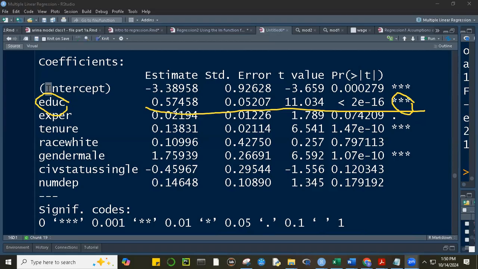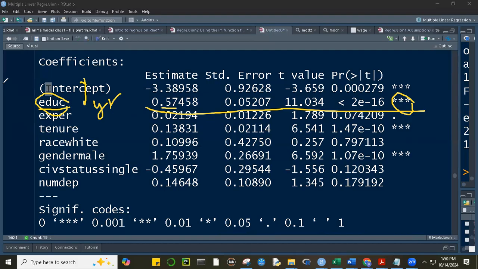What's the meaning of 0.57? Okay, 0.57 is the marginal effect of education on your dependent variable hourly wage. So this tells us that for every one year increase in education. Okay, now why did I say 1 year increase in education? Because the dimension of education is yearly. So yung mga data natin dyan, years.